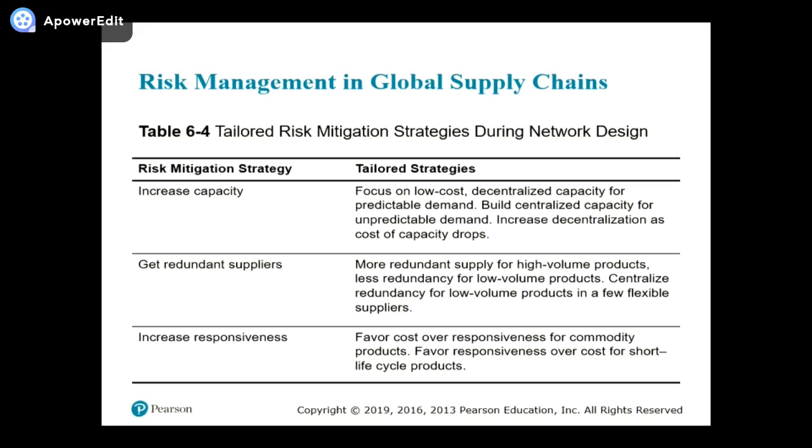And then another strategy, as I mentioned in the example, is to get redundant suppliers. Of course, this is costly, right? Having suppliers supplying lower volumes requires setup costs, more communication, and so on. Therefore, this strategy is valuable for high volume products.